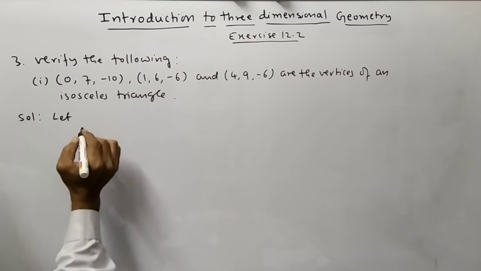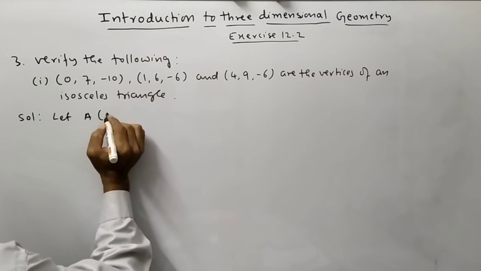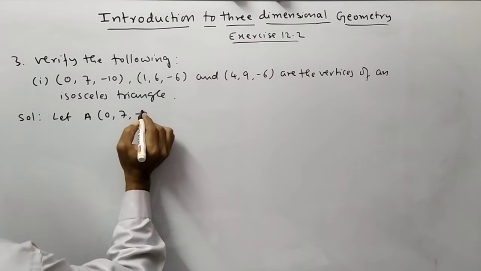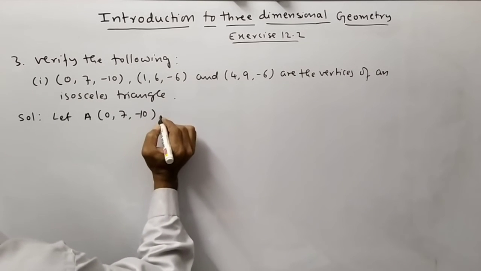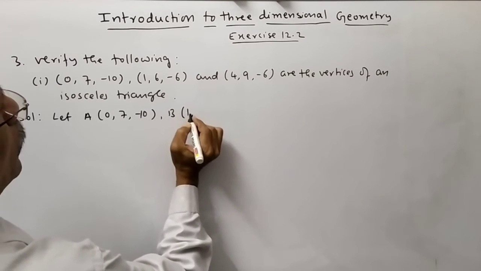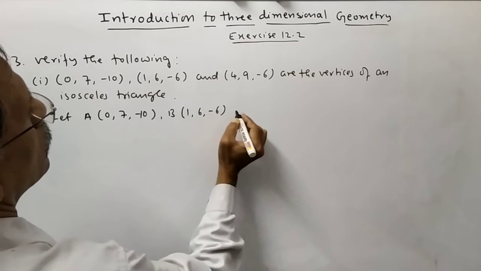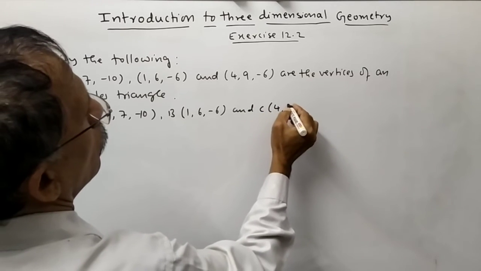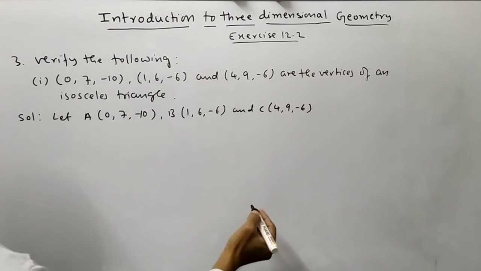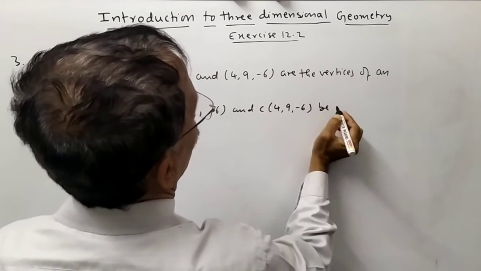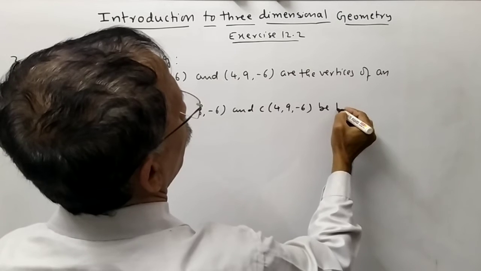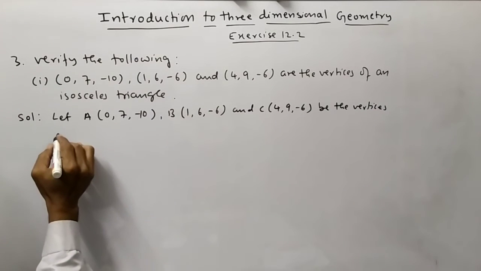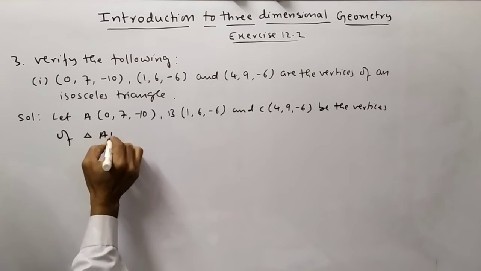Let A with coordinates 0, 7, -10, B with coordinates 1, 6, -6 and C with coordinates 4, 9, -6 be the vertices of triangle ABC.